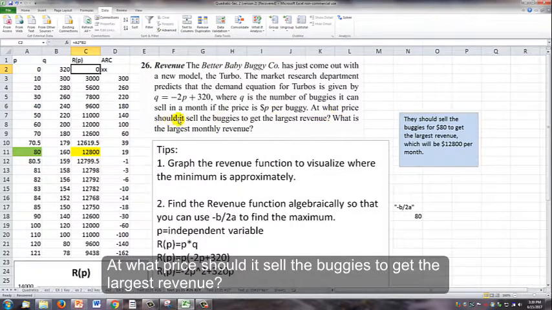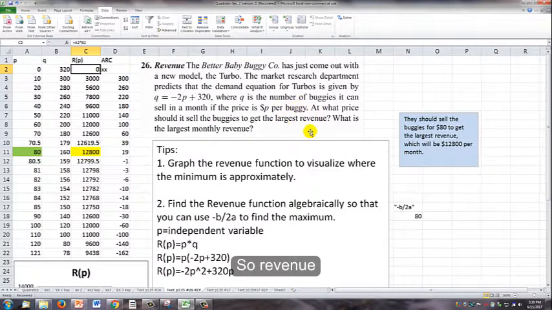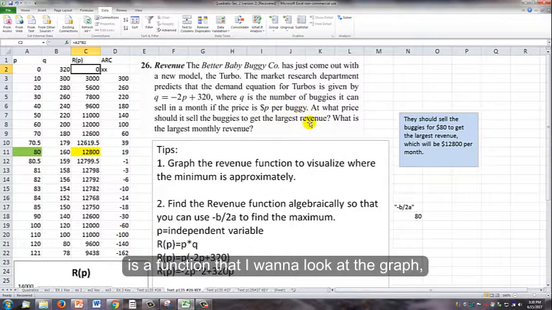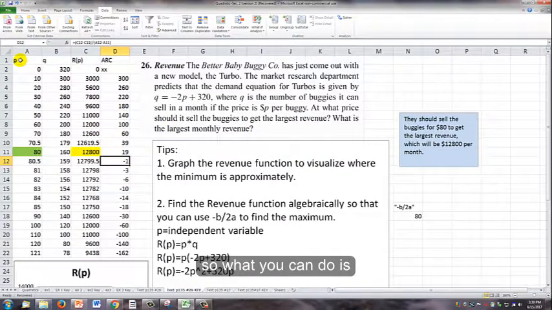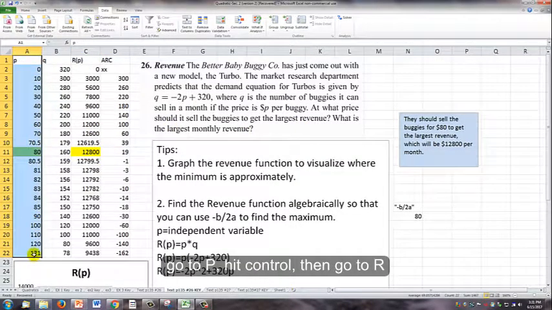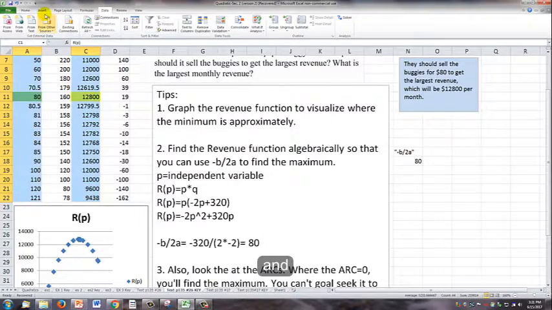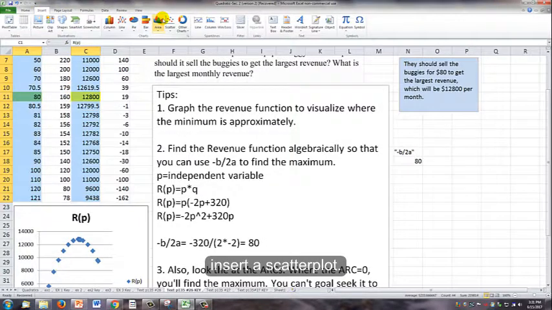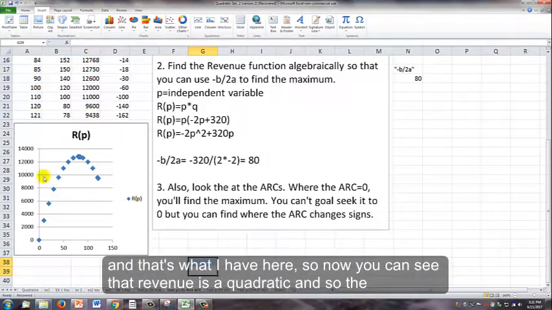At what price should it sell the buggies to get the largest revenue? So revenue is a function that I want to look at the graph. So what you can do is go to P, hit Control, and then go to R, and insert a scatter plot, and that's what I have here.